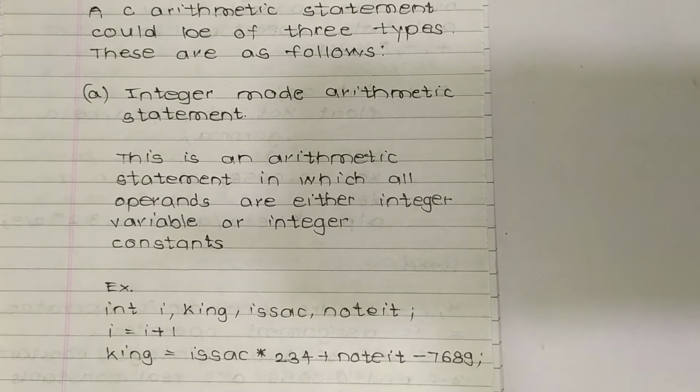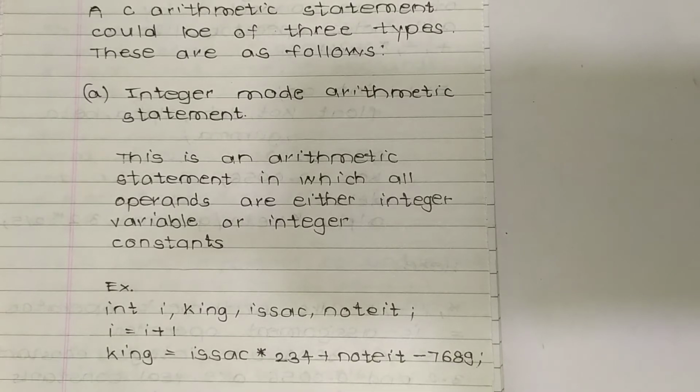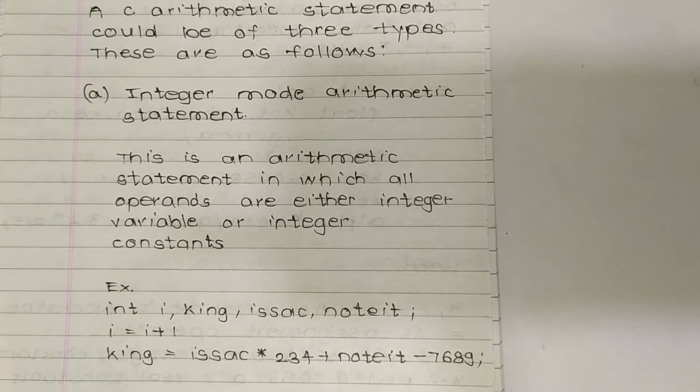So i is equal to i plus 1, king isaac into 23 plus note it minus 7689. So they are either integer variables or integer constants.